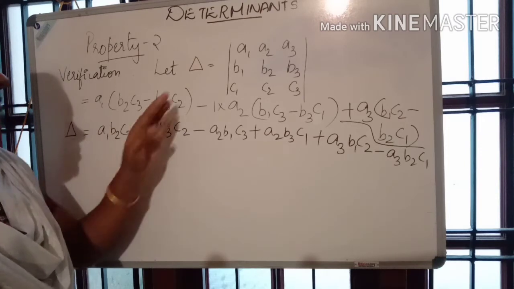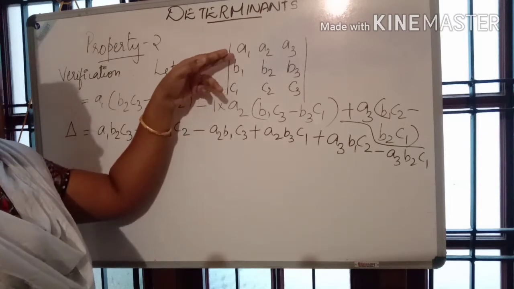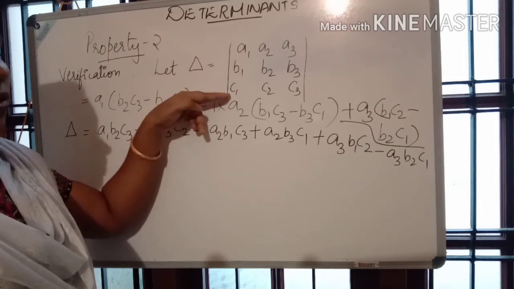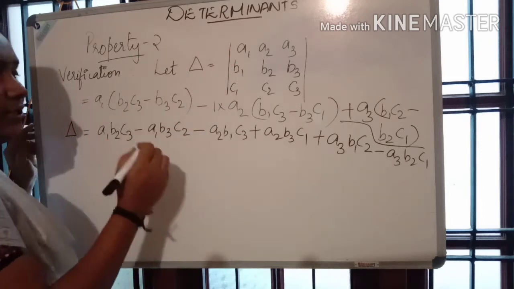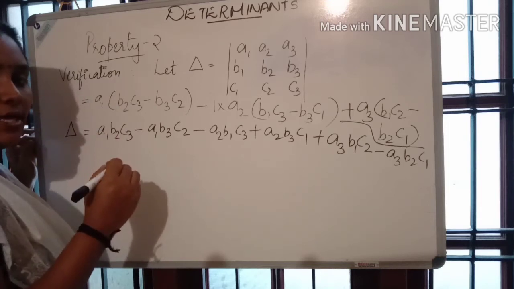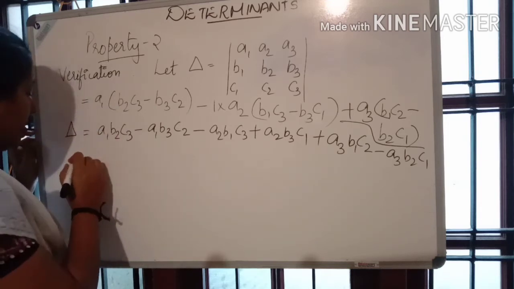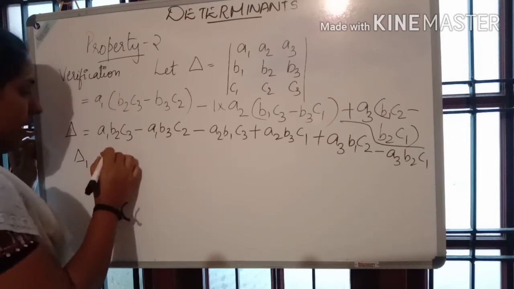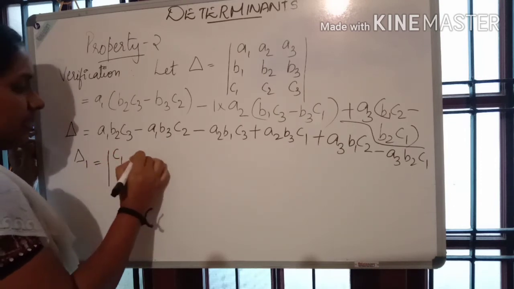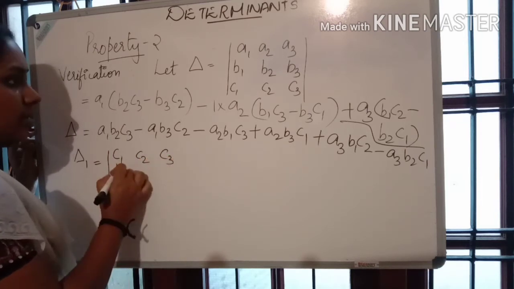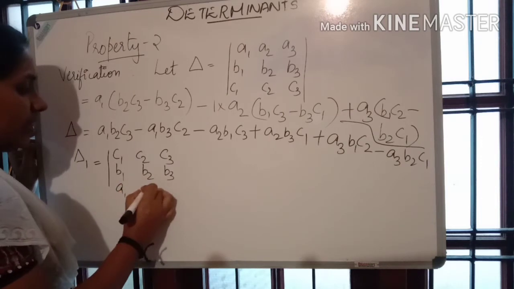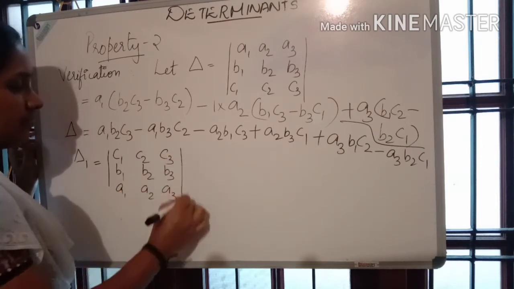Next step is we are going to interchange the rows, that is, the first row and third row are interchanged. We will get the new determinant, denoted by delta 1. I have interchanged to get C1, C2, C3, B1, B2, B3, A1, A2, A3.